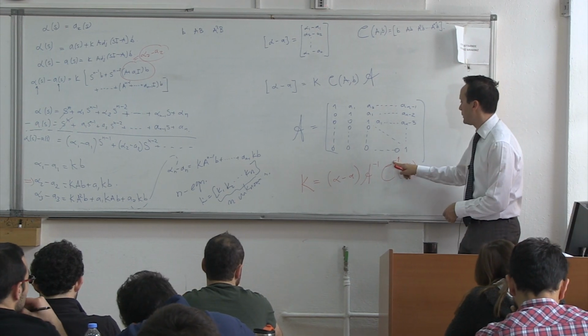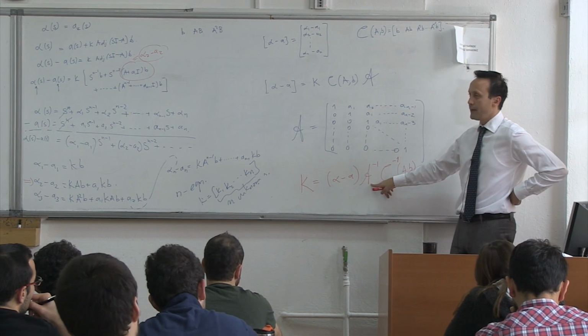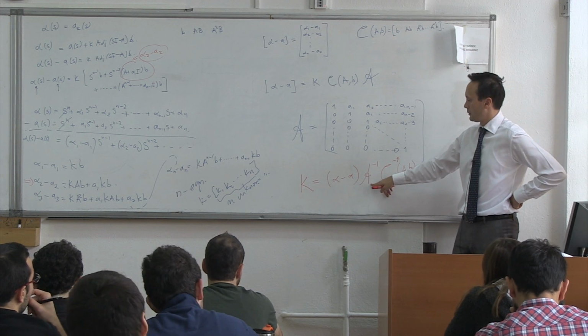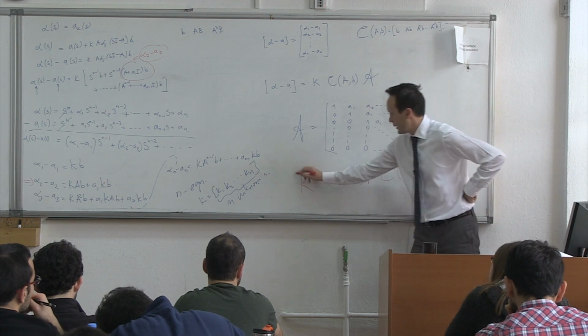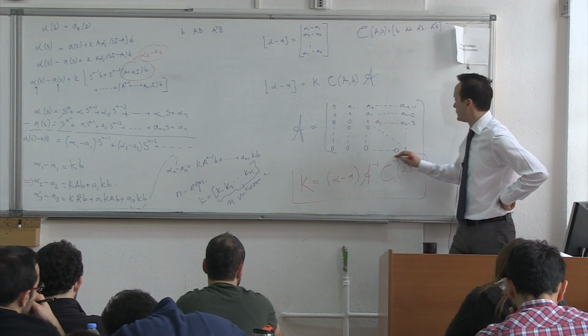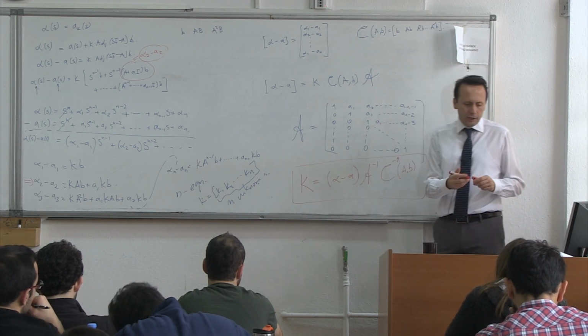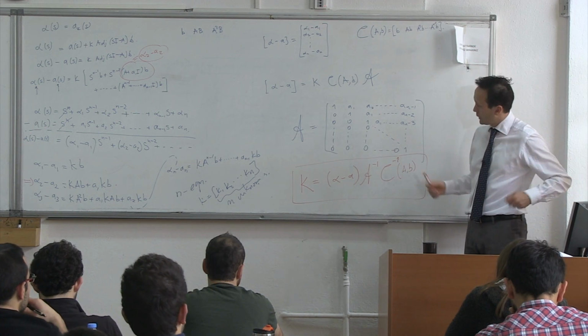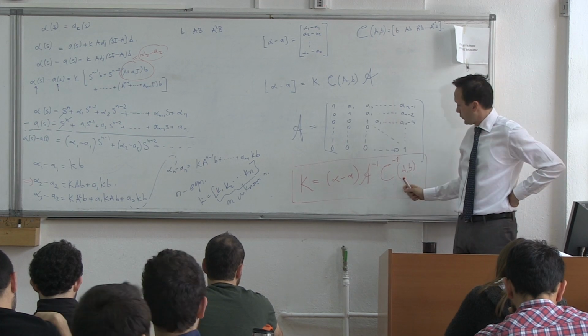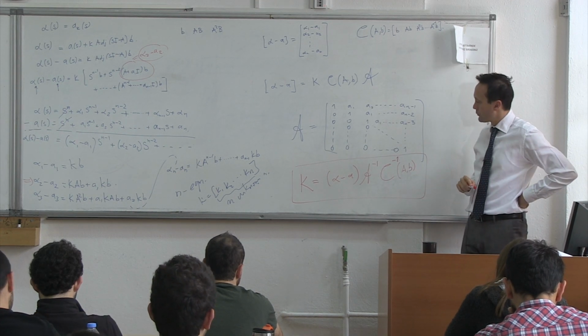The inverse of the controllability matrix, inverse of script A, and alpha minus A. And that is your formulation for K. You have to take two inverses. One is this one, the script A, and one is this one for the controllability matrix.